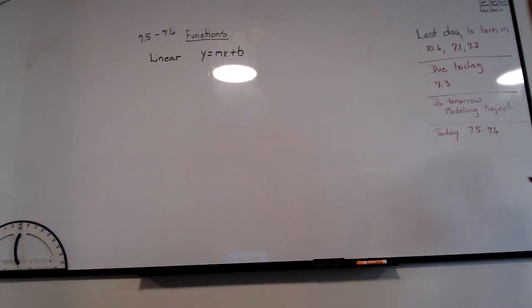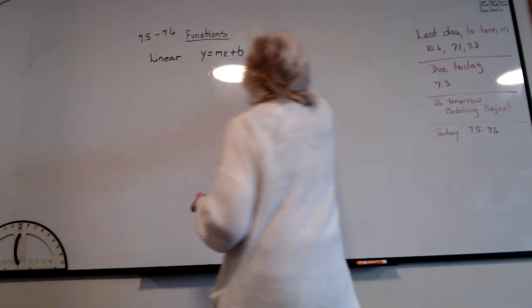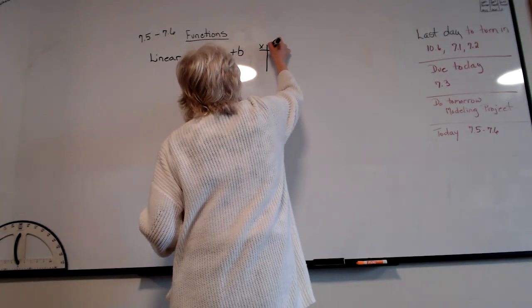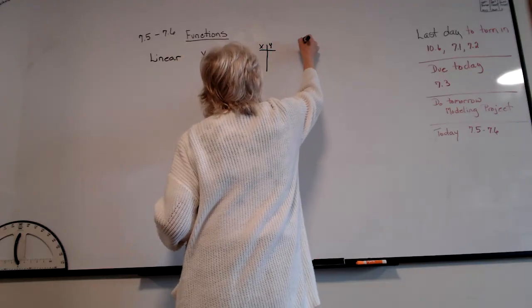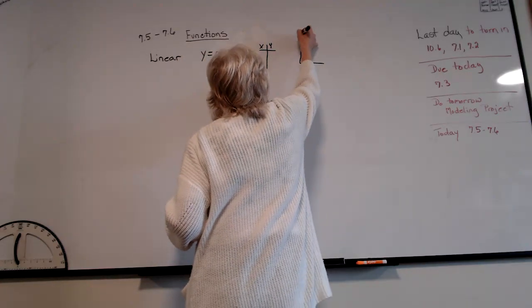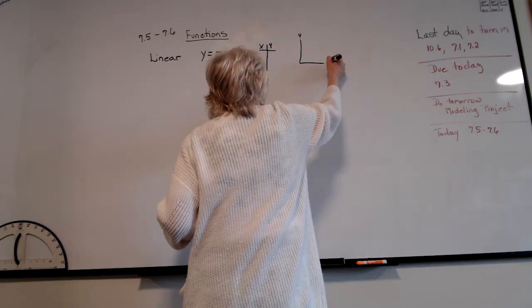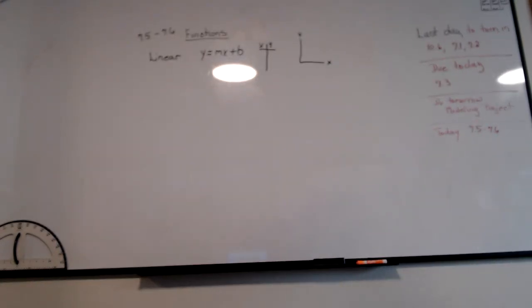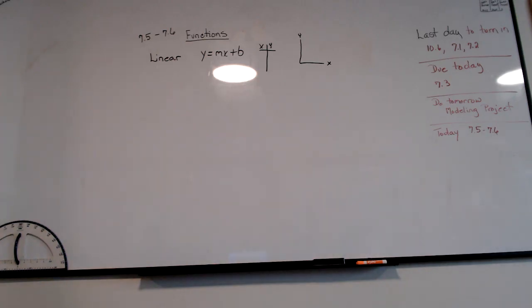The reason we use y and x is because when we make our little chart, we look at the x and the y, and when we make our graph, we have a y-axis and an x-axis. So that makes sense to us. It makes sense that we would say y. We would use x because that's how we do the graphing. Okay. So that's one way of looking at it.